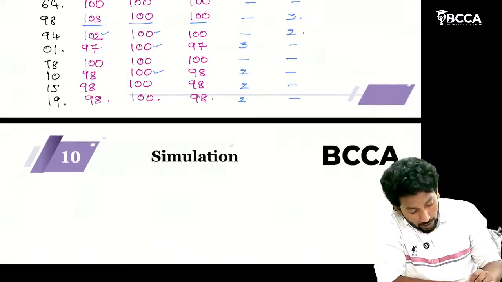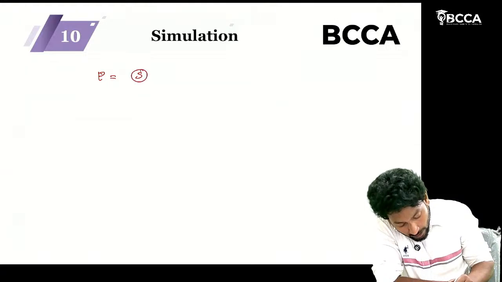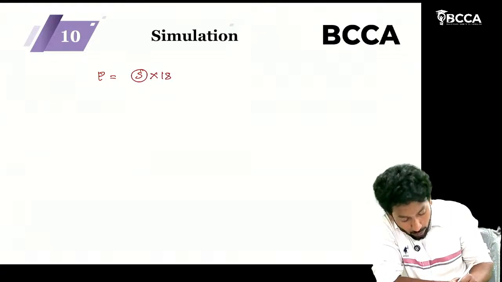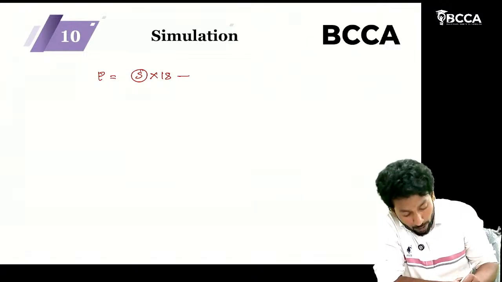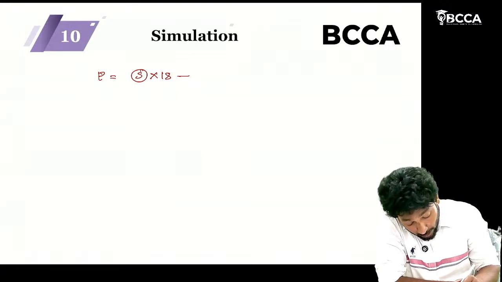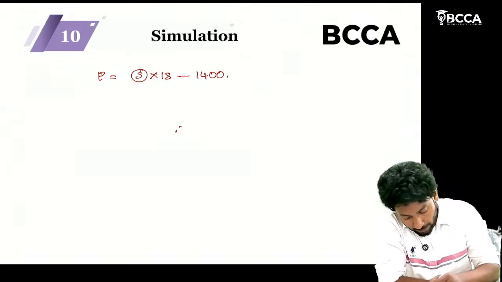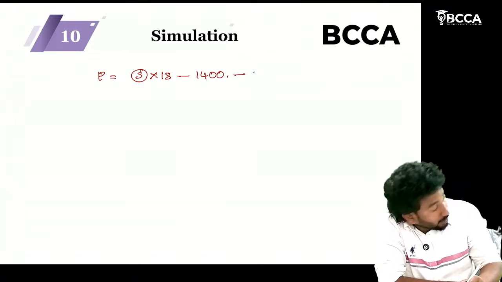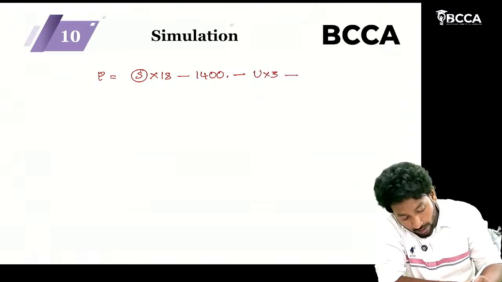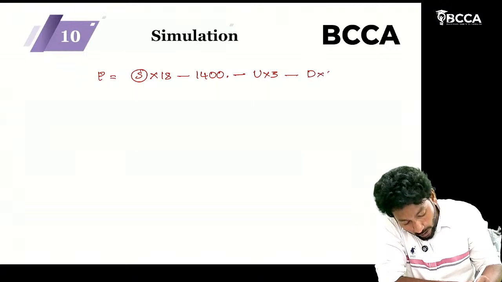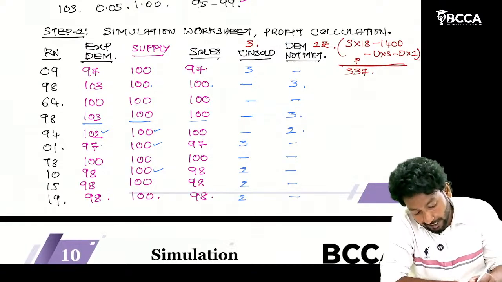Profit is equal to sold units multiplied with revenue per unit 18, the selling price per unit, minus the cost of goods produced: daily production is 100 units and variable cost 14 per unit, that means 1400, minus penalties. For each unsold unit 3 rupees penalty, for unsatisfied demand 1 rupee is the penalty. This is how we can calculate the profit. For the first one it is 337.